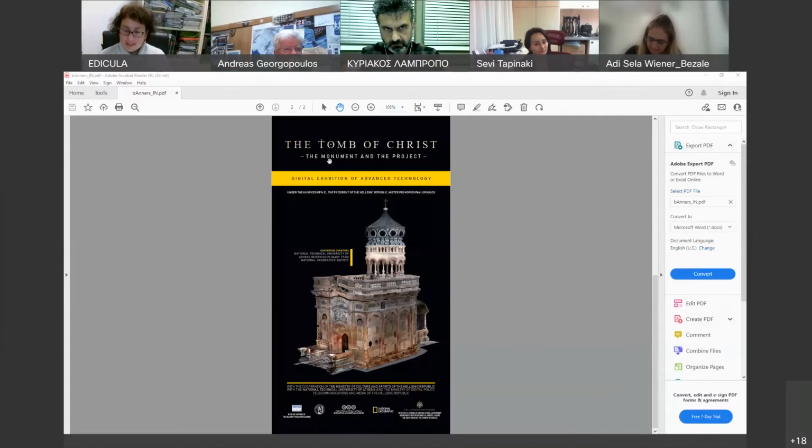It's not always easily chosen to use one of your main aspects of your exhibition in your poster. Usually you save the best part for inside the exhibition, if I can explain that. But it was really important for us to show the Holy Edicule to the whole people of Athens.